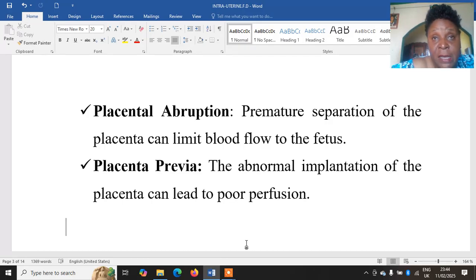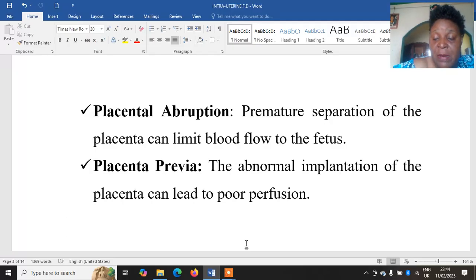It can be seen, or sometimes it can remain hidden, and this mother will notice that her baby is not growing well. Then we have placenta previa. Placenta previa is implantation of the placenta in the lower segment of the uterus.